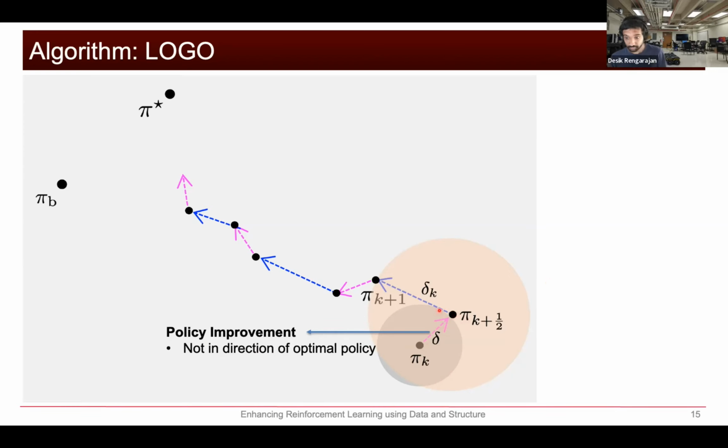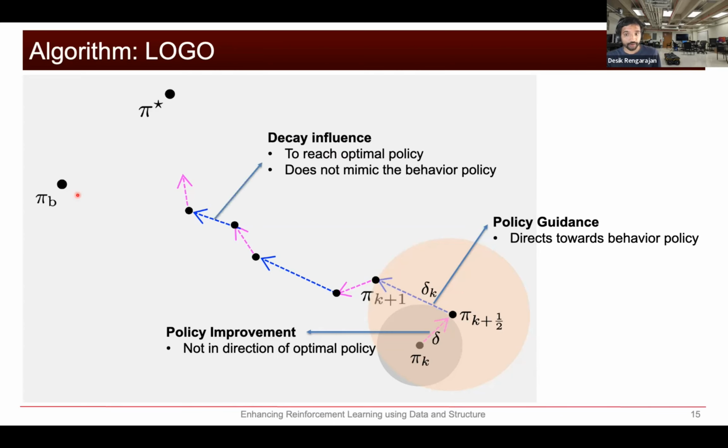Then we do the policy guidance step in a trust ball around the policy suggested by the policy improvement step. So we take pi k plus half, consider a ball around pi k plus half, and try to find a policy pi k plus 1, which is directed towards the behavior policy. And we do this over and over again.